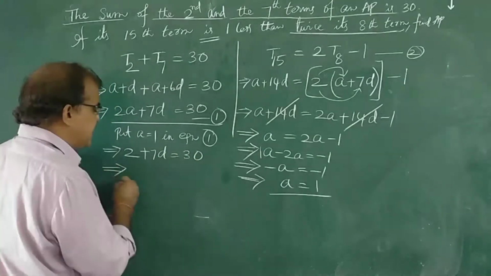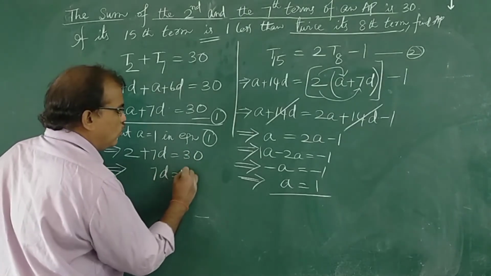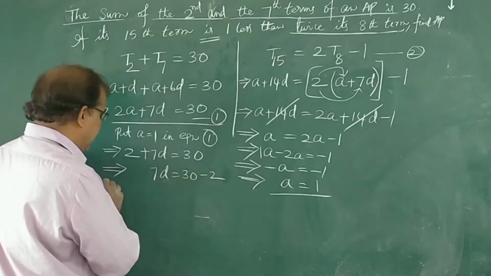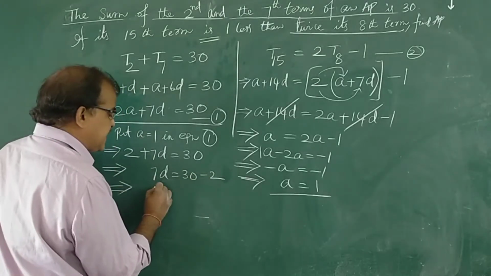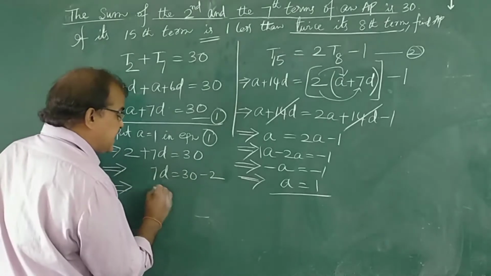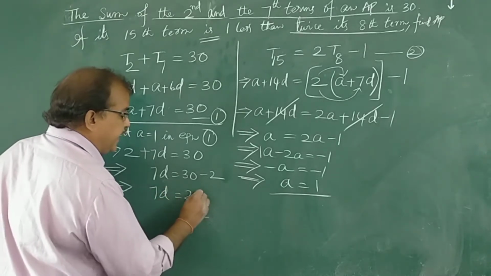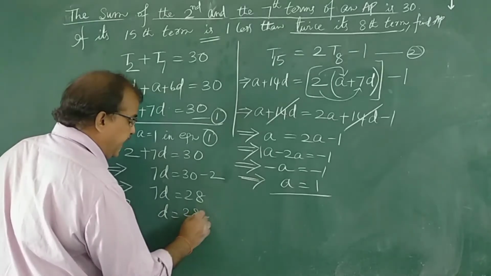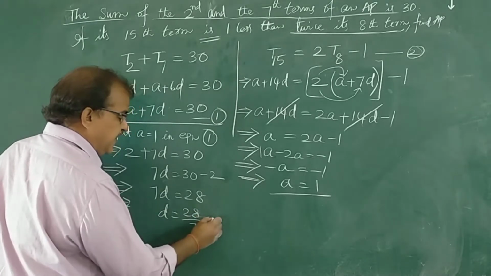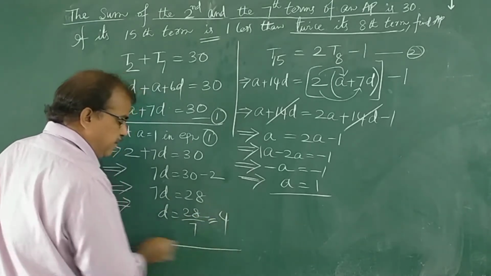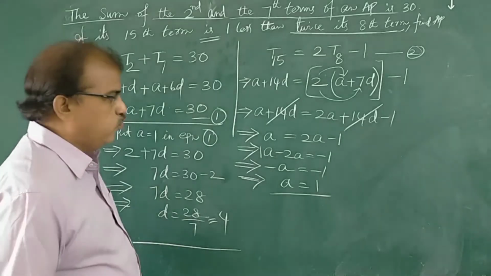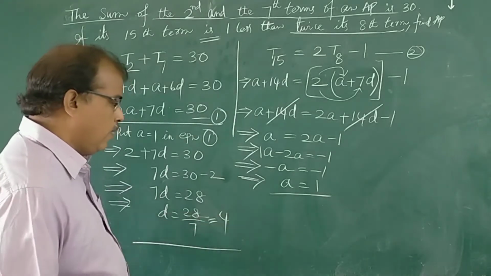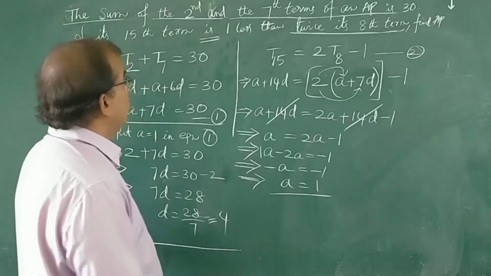That implies 7d is equal to 30 minus 2, so 7d is equal to 28. That implies d is equal to 28 by 7, which is 4. I got the d value.